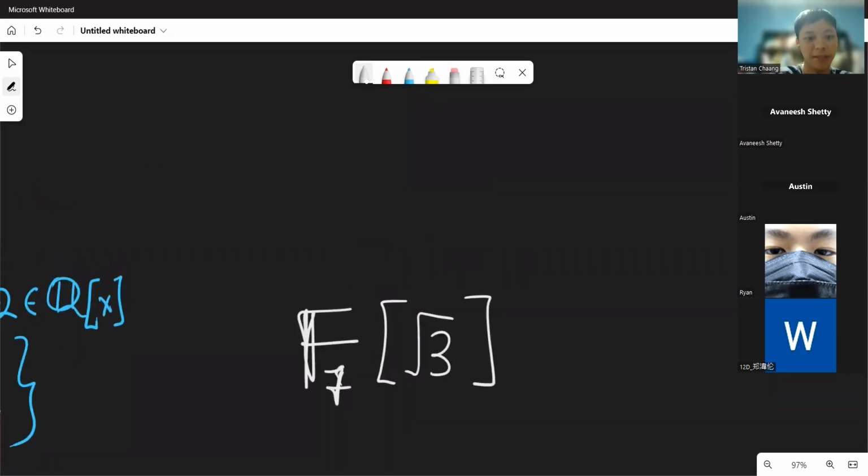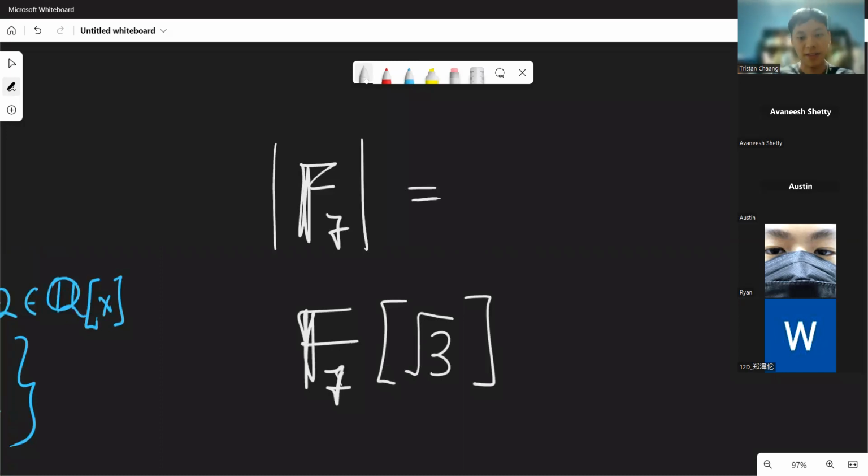F7 has 7 elements, right? How about this one? How many elements are there? Remember, a plus b square root 3.